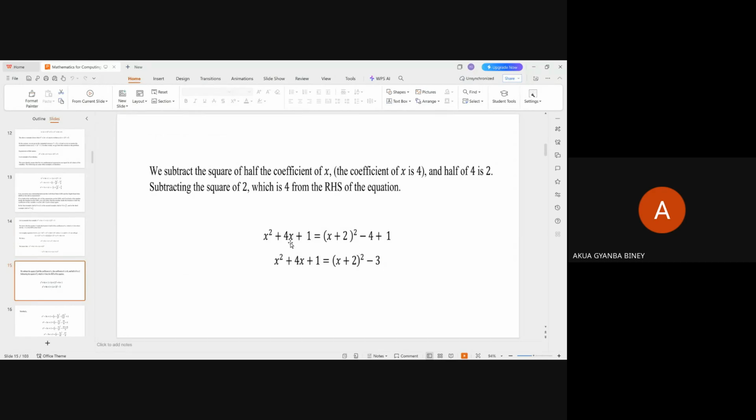So in actual sense, if you take the coefficient of x and you halve it on the right-hand side inside the bracket, you get 4 over 2 all squared. Then that same b, the coefficient of x, you halve it and you square it at the right-hand side. So if I take 4 and halve it, I get 2. I square that 2, I get 4. Subtract it from the right-hand side.